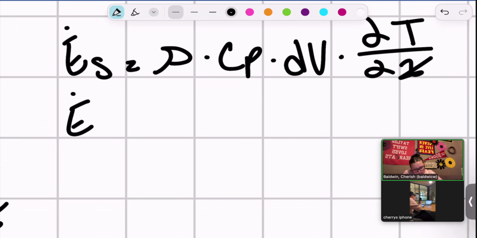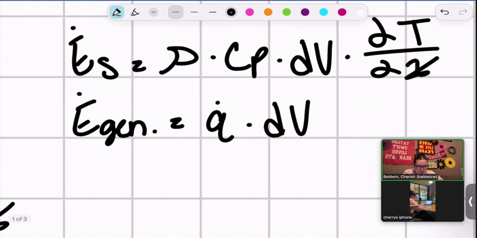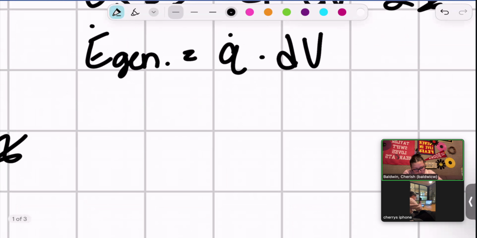Now the rate of energy generated is simply the heat generation rate times the volume.